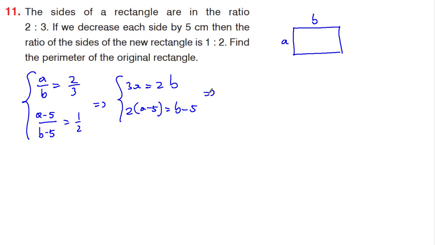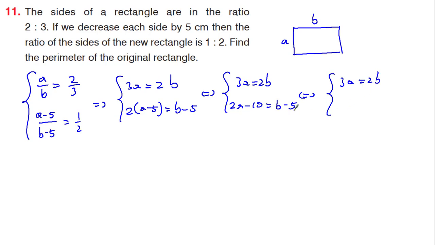There are different ways to proceed from here. So I can write 3a is 2b, and here 2a minus 10 is b minus 5. Maybe we can write it a bit better, something like this. We can add 5, so 2a minus 5 is b. Now that I know that b is 2a minus 5, I can substitute in the first equation.